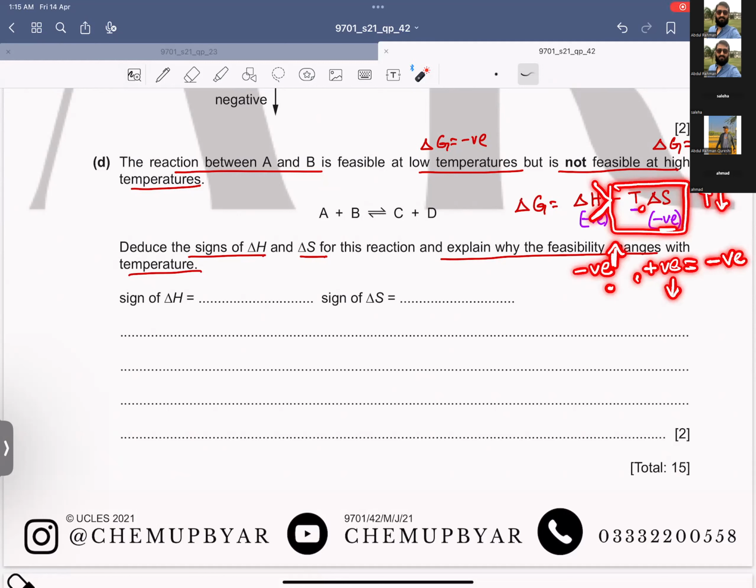So at lower temperature, the Gibbs free energy is negative. Hence, we can say the reaction is feasible. Okay.